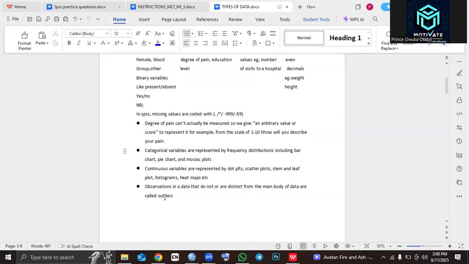Everybody is maybe from 30 to 60 kg, but some few people are overweight and their weight is let's say 100 kg or 200 kg. So those people whose weight differs significantly from the rest of the population are called outliers. I hope everybody understands.